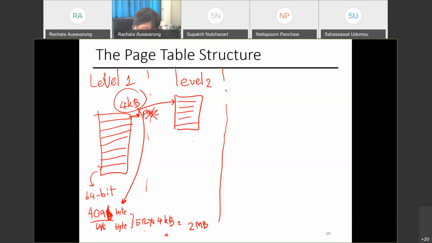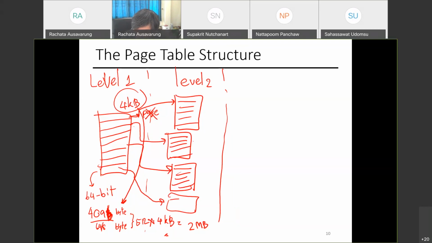Each one of these entries points to a different table. I can't draw again. It points to another table.